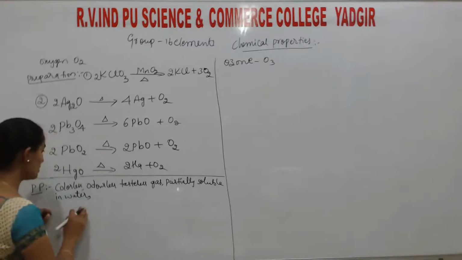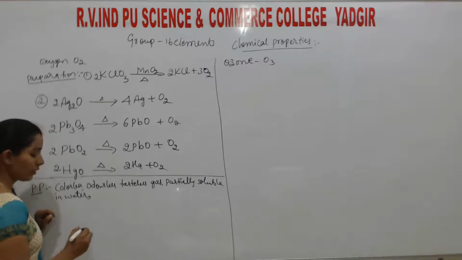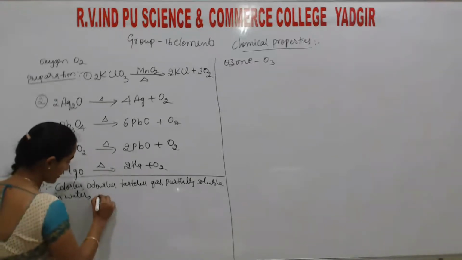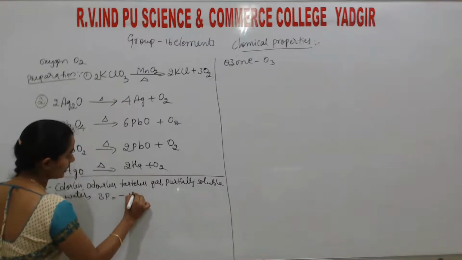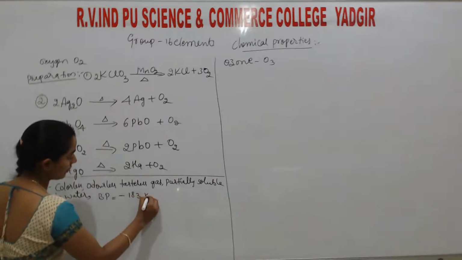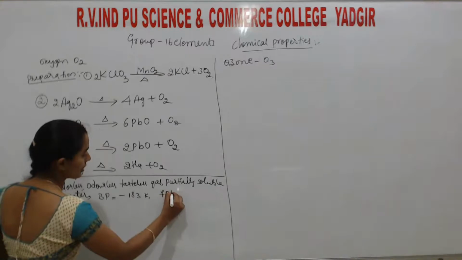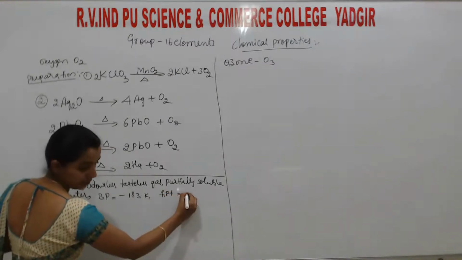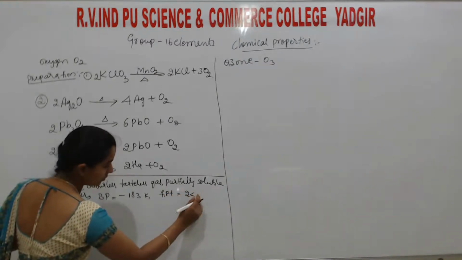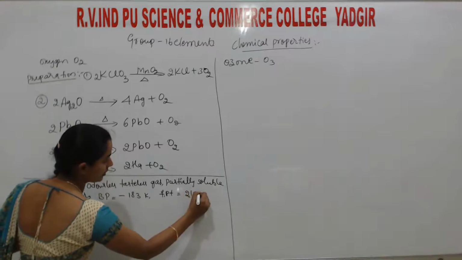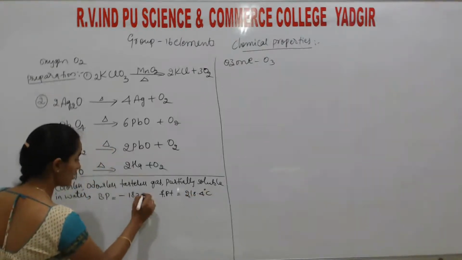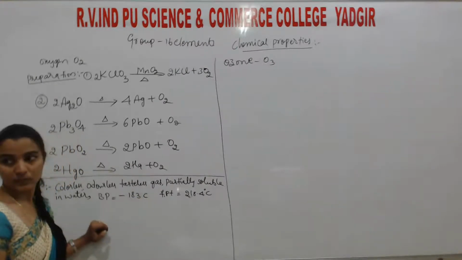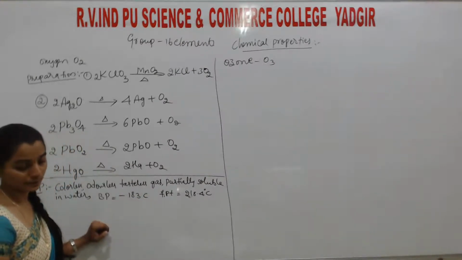So it is partially soluble in water and its boiling point is -183 degree Celsius and freezing point is -218.4 degree Celsius. Understand?